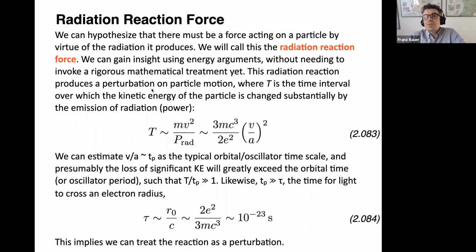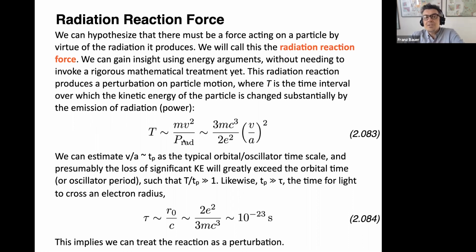And so what we want to do is induce a perturbation on a particle motion. And so we have basically this radiation reaction will produce this perturbation. And so we want to have some time interval t over which kinetic energy of the particle is changed by some substantial amount due to some radiation which is absorbed or emitted. And so this time scale will be related to the total kinetic energy of the particle divided by the radiation emitted, right?